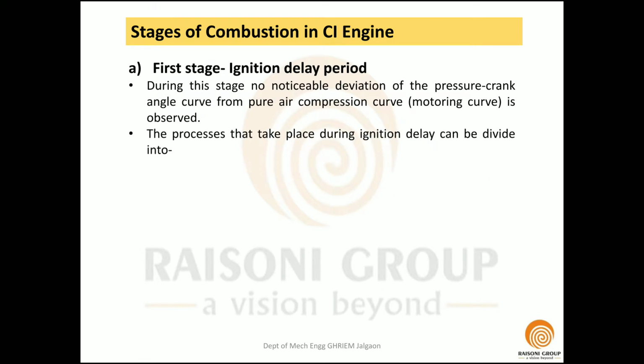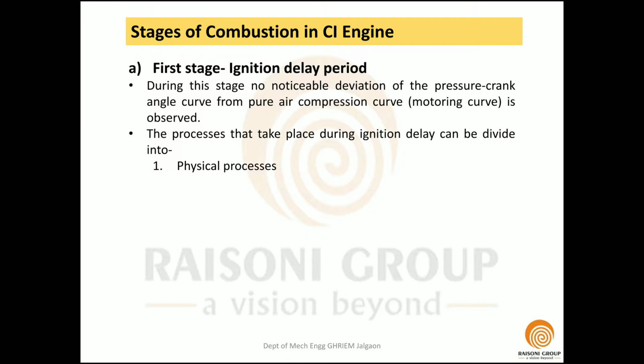The physical processes covered in this stage AB are the spray disintegration and droplet formation, heating of the liquid fuel and vaporization, and the diffusion of the vaporized fuel into the air to form an ignitable mixture.